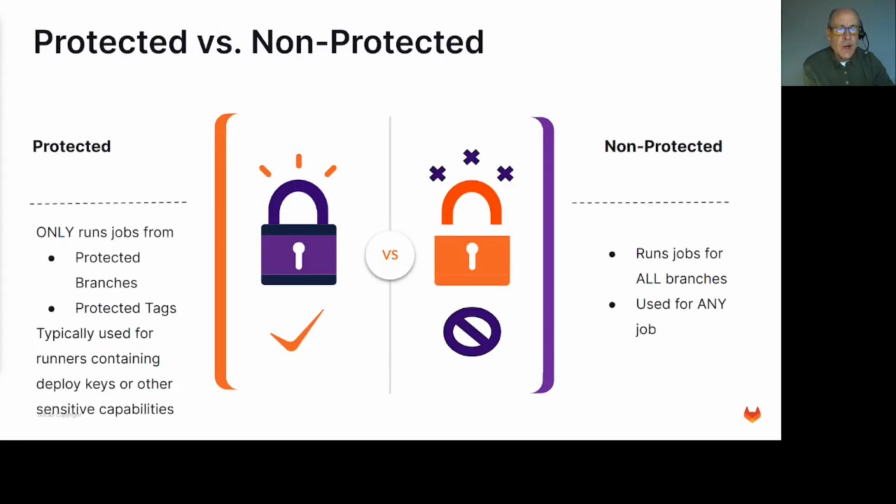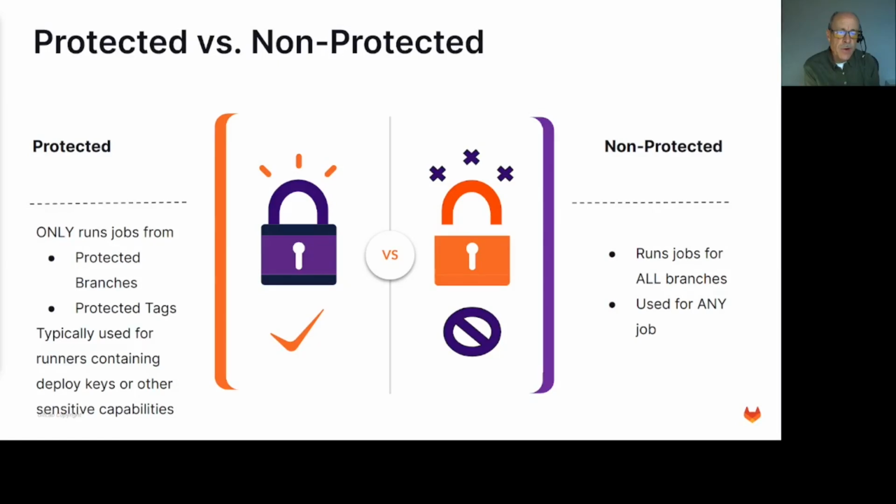And lastly, we also have the option of using protected runners. For our regular fare of build and test types of jobs, we would most likely use non-protected runners. However, with deployment runners, we have to be careful with sensitive information. For example, they may contain production deploy keys or some other credentials that we want to ensure are protected.